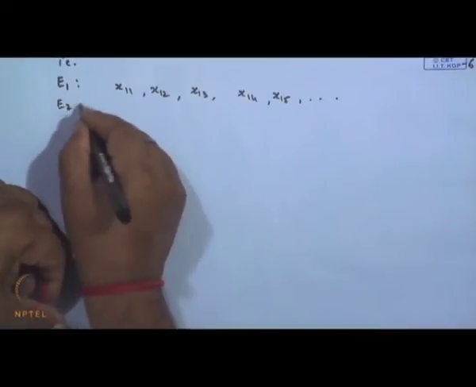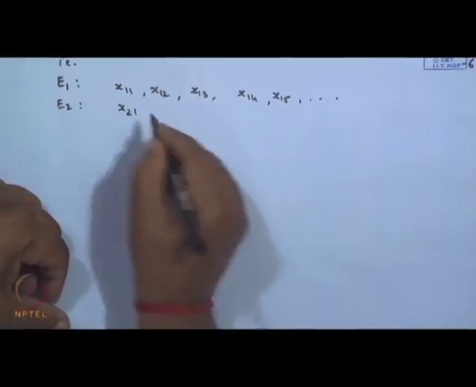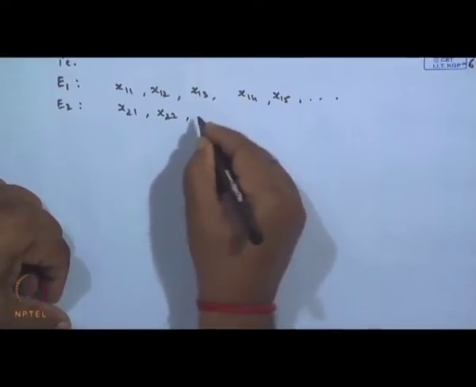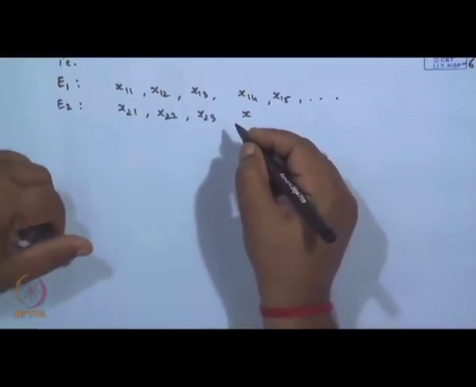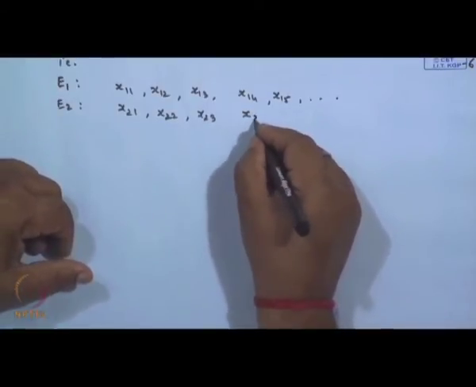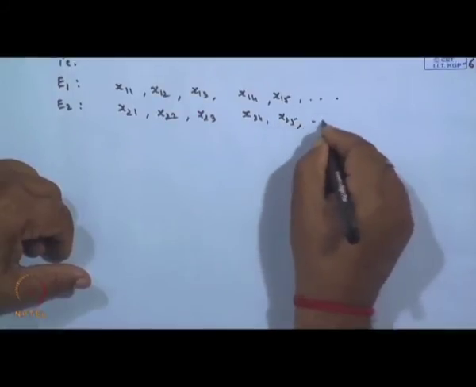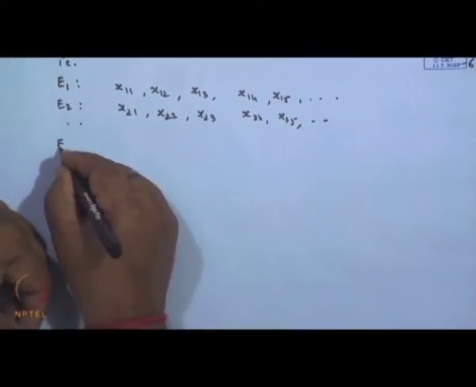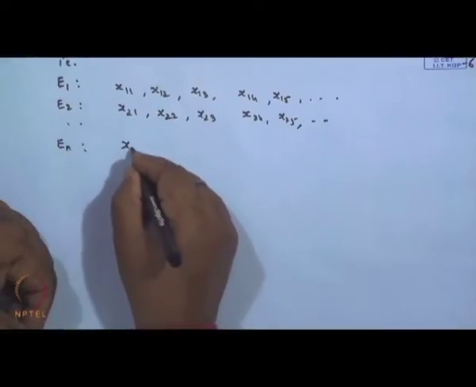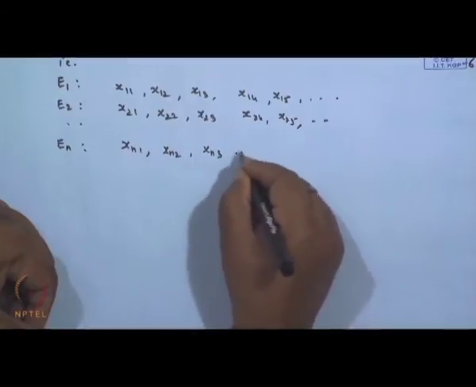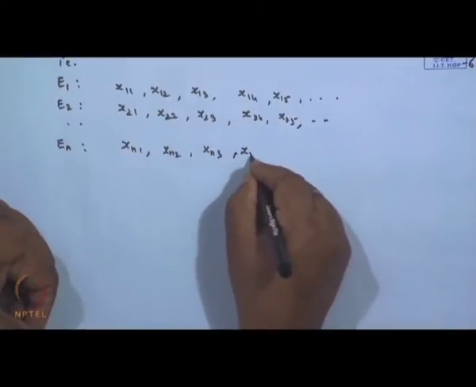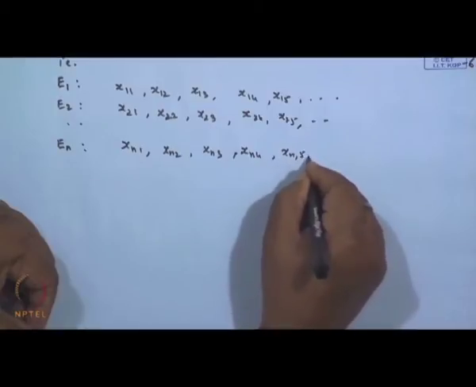For E 2, suppose we are arranging x 2 1, x 2 2, x 2 3, x 2 4, x 2 5 and so on. And for E n, we arrange x n 1, x n 2, x n 3, x n 4, x n 5 and so on. So, continue this.